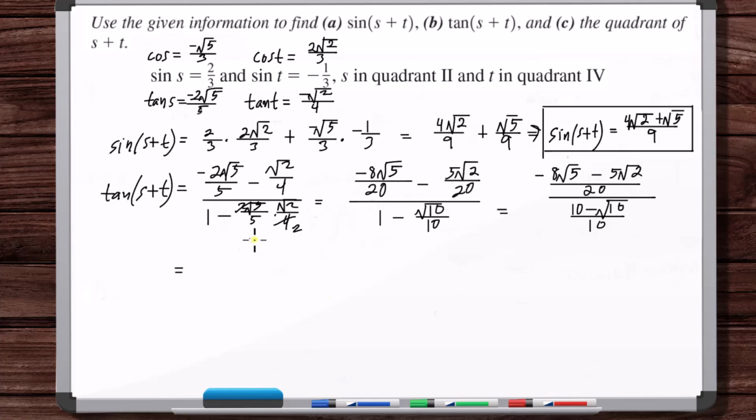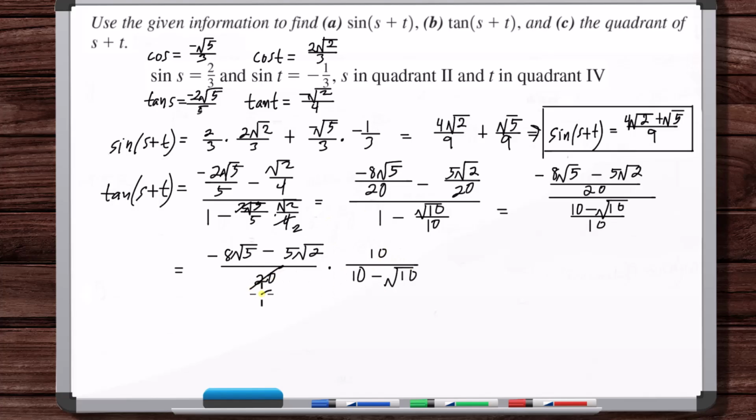So we've got minus 8 root 5 minus 5 root 2 over 20, and then times 10 minus root 10.